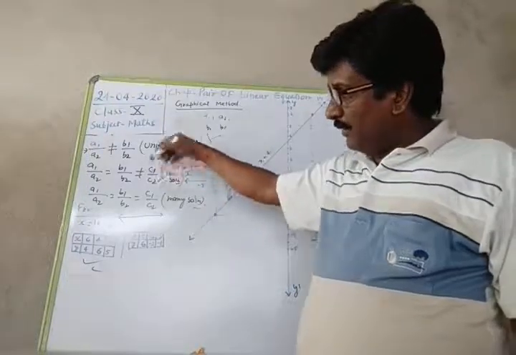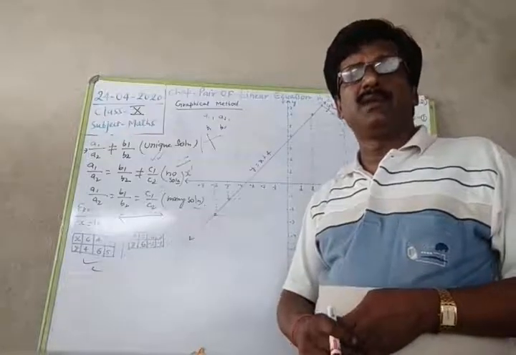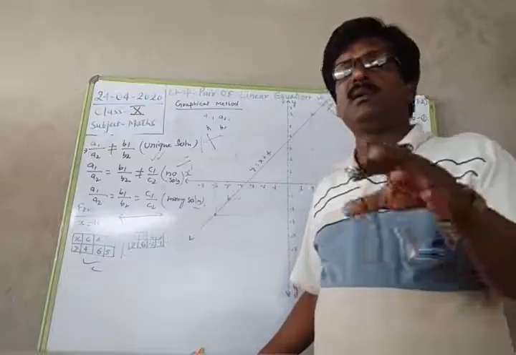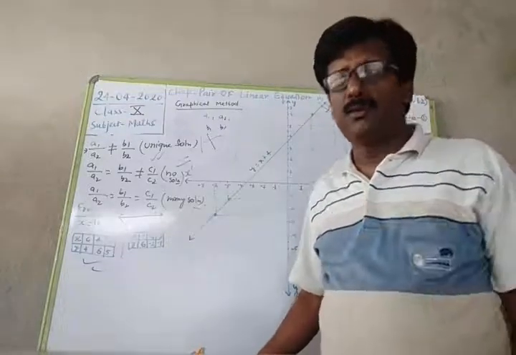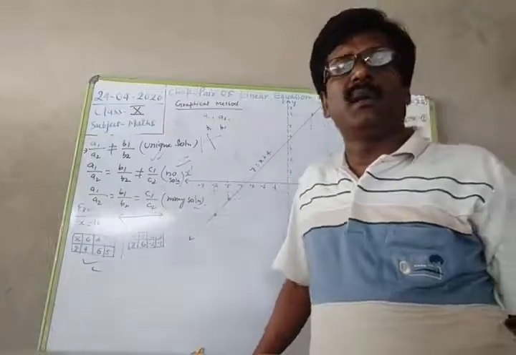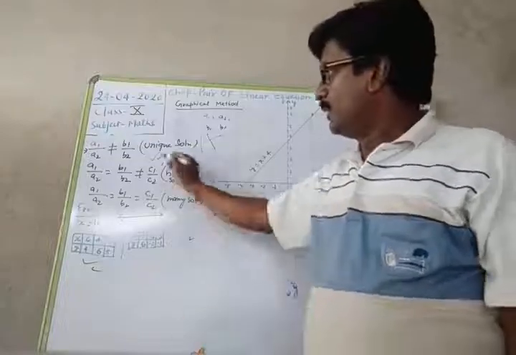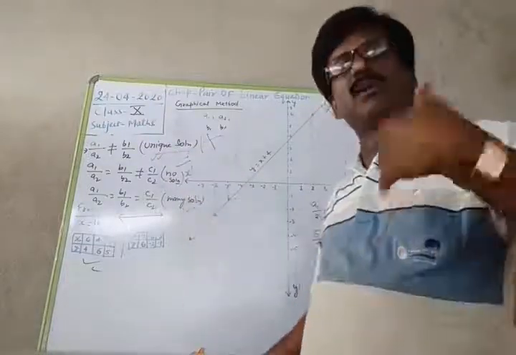This we know already, and now suppose the question is about consistent and inconsistent. In part 1 in the previous class I already discussed: consistent means a system of a pair of linear equations in two variables is said to be consistent if it has at least one solution. A unique solution has one solution, and many solutions means more than one solution.